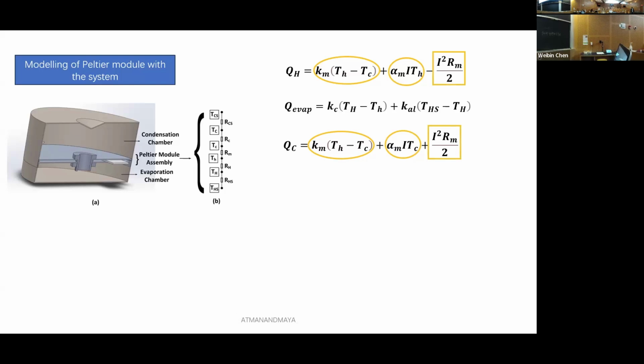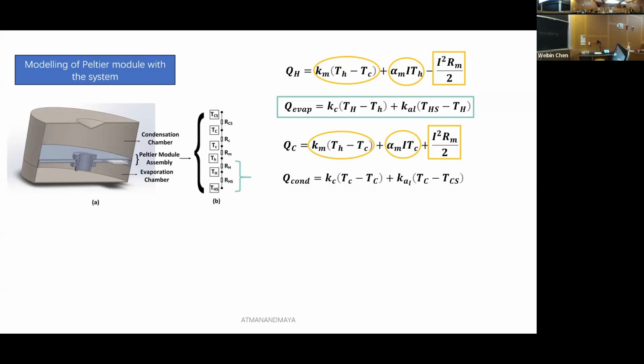Again, in this equation we can see the Fourier heat conduction equation at the evaporation section. This equation represents this thermal node, and this equation represents this node for the condensation chamber, where steam condensation happens.